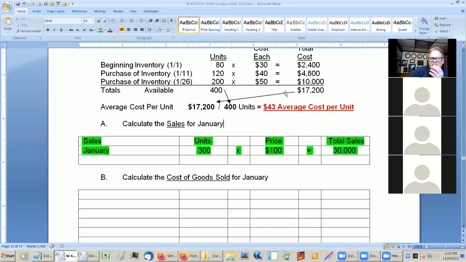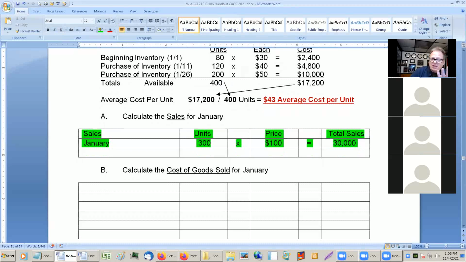And by the way, you can reasonably check here that if it's an average cost, it has to be between 30 and 50, right? If you're going to take an average, it has to be between those two. So if you come up with some number like 63 or whatever, you'll know that you did it wrong because it should be in the middle of there somewhere. And 43 is between those two. It also is a little bit higher than the middle part, 40, because you have more units at 200.